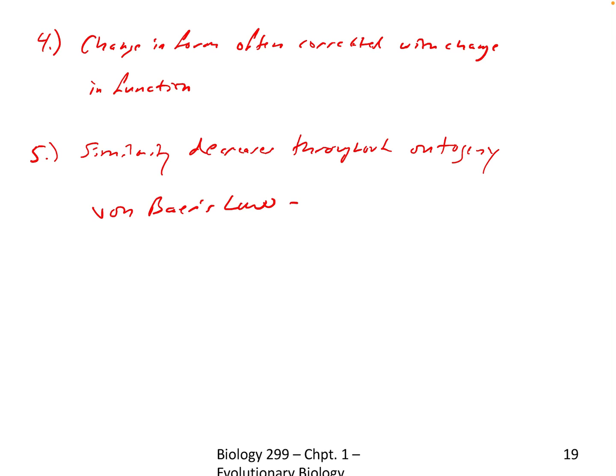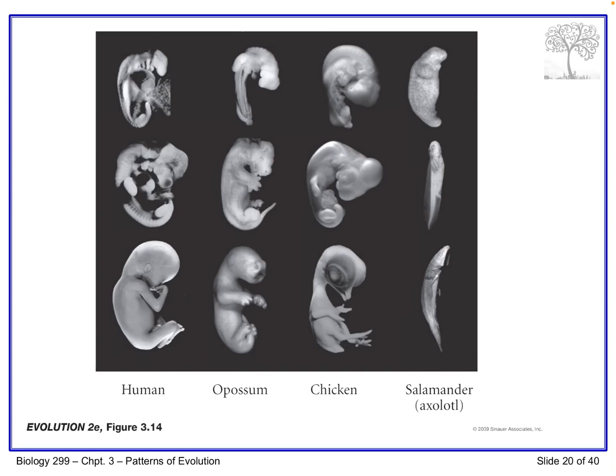But as development progresses, and you get further in the developmental sequence toward birth or hatching, and then finally into adulthood, you start to see distinguishing features of their specific orders, classes, families, genera, for example, that show up, and they start to look more different.